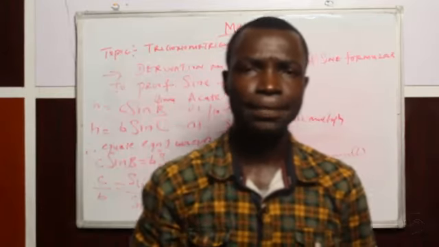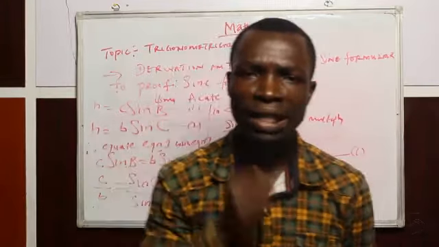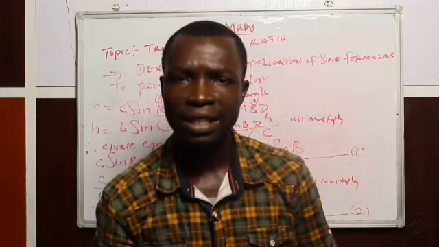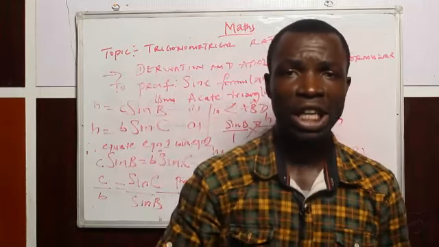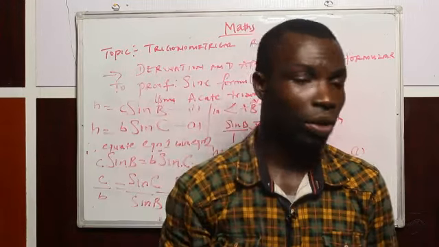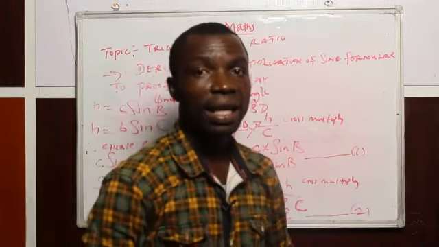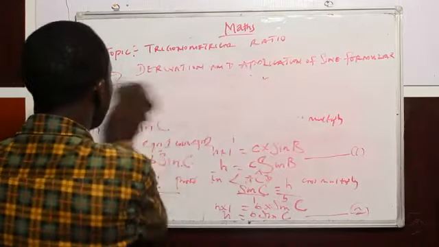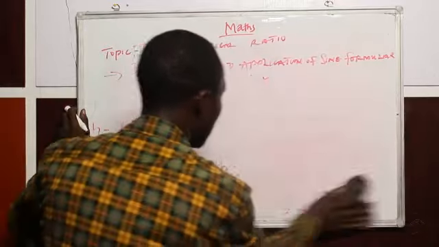Let us consider another example under this sine formula that involves numbers, the lengths of the sides, and the angles within the triangle. Now, consider this triangle. That is the application of the sine formula we have proven.